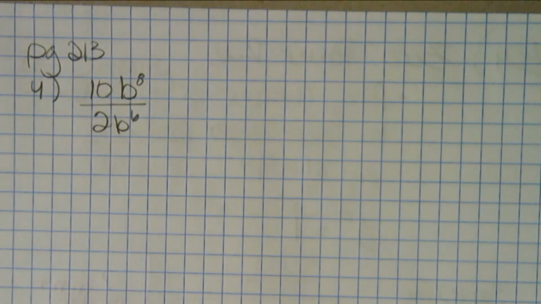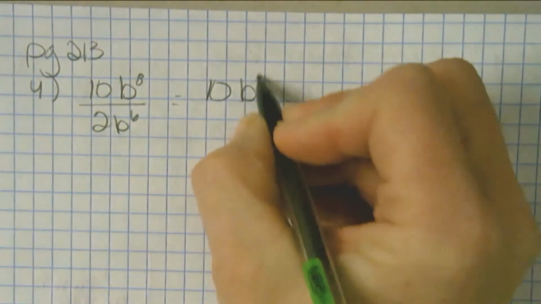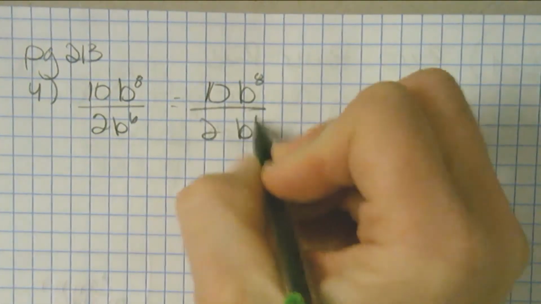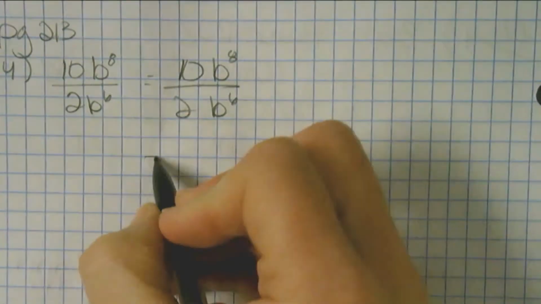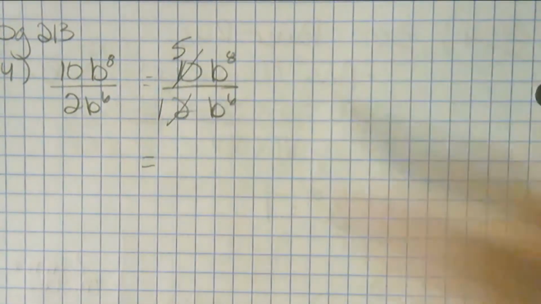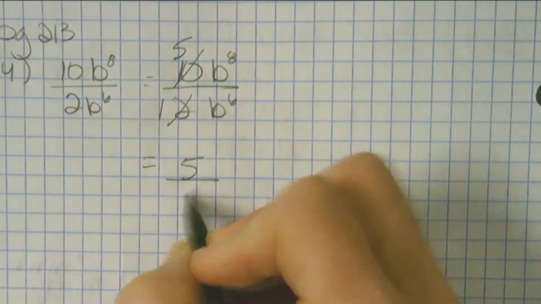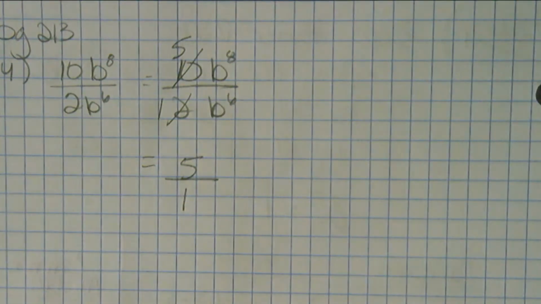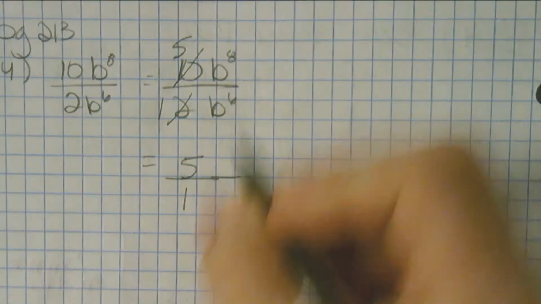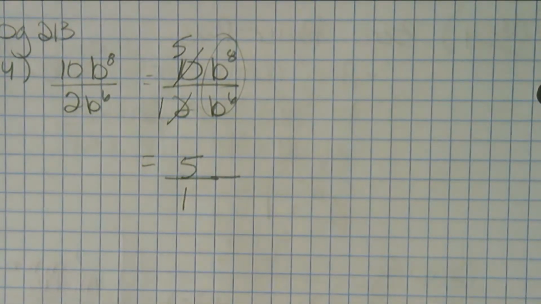Okay? So, the first thing I'm going to do is rewrite this so I can divide out common factors. All right, 2 divides into itself 1, 2 divides into 10 5 times. So I have 5 in my numerator, I have 1 in my denominator so far. Now I have my b's that I'm dividing. In the numerator only, this is our division power rule.